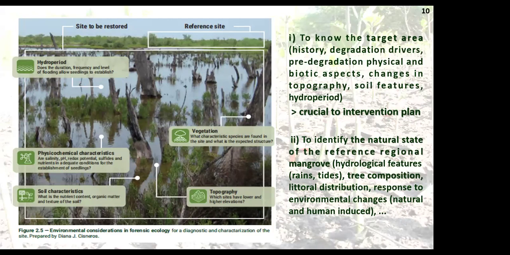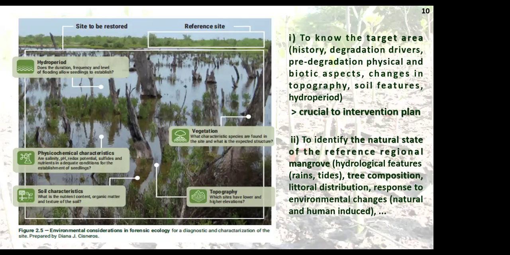You need to gather information about the history of the degradation, the degradation drivers of the area, and how the physical and biotic aspects of the area suffered changes in topography, in hydroperiod, or in soil by or after the degradation. This is a crucial step since it gives you an idea of the viability of the project. You cannot invest time and money in restoring an area that is not restorable.